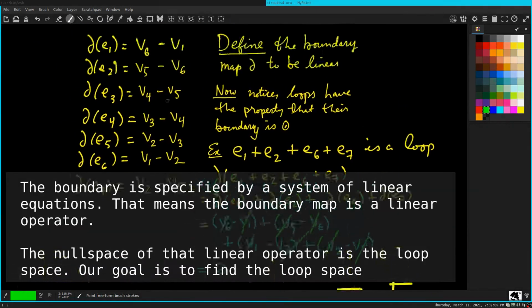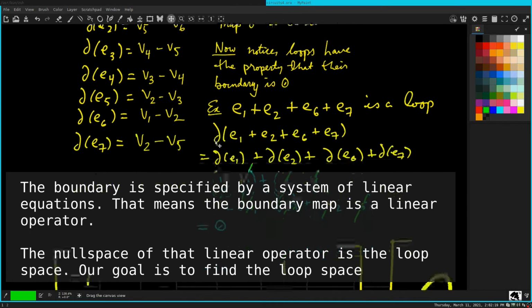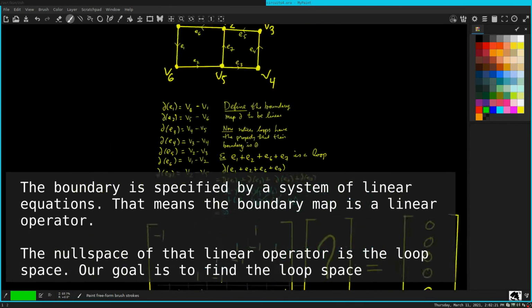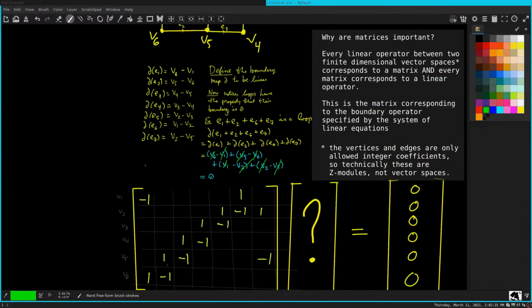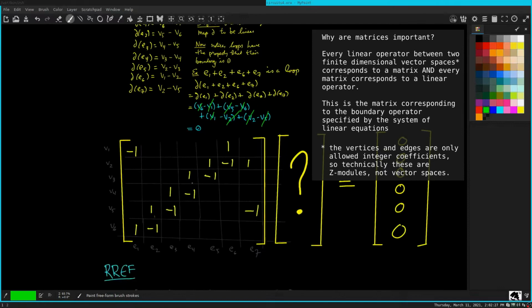Okay, well, we have a system of linear equations, and we're trying to find what inputs to that system of linear equations imply that every single equation is 0. I butchered saying that, but what I mean is we take this system of linear equations and we write it as a matrix.